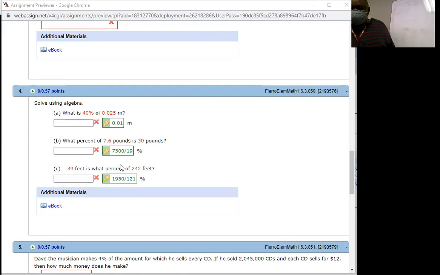Yeah, can you just explain on my Okay. In part A, where it says what is 40% of 0.25 M?